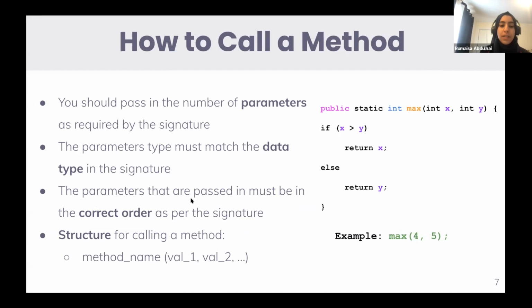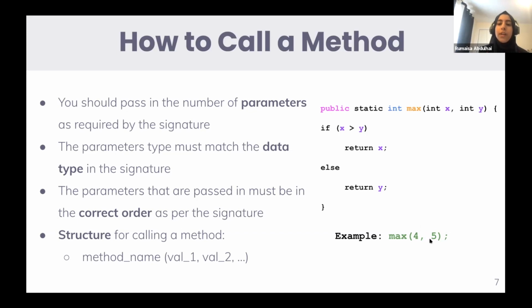The parameters that you pass in have to be in the correct order. Here it doesn't matter so much, but let's say you have an integer parameter and a string parameter, integer x, string str. Then you have to pass in the integer first and then the string.